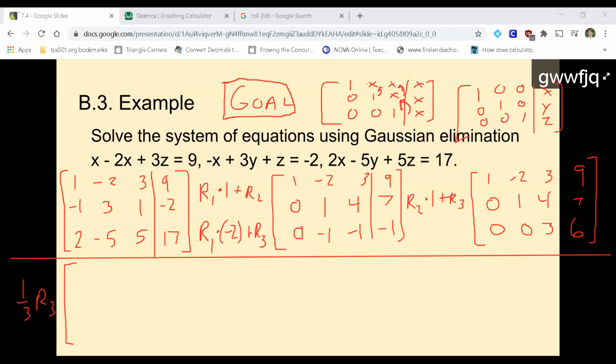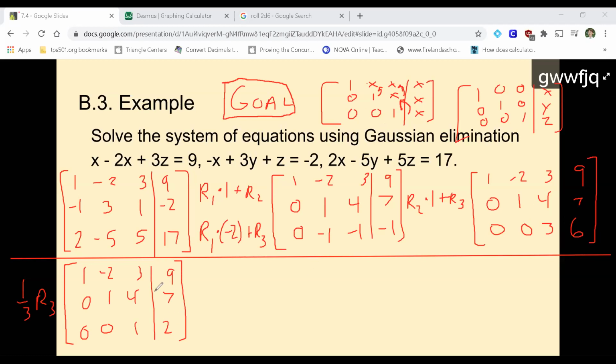Again, row 1 and row 2 are not going to change. The only thing that's changing is row 3. Okay, so if I divide both these numbers by 3, I get 0, 0, 1, 2.